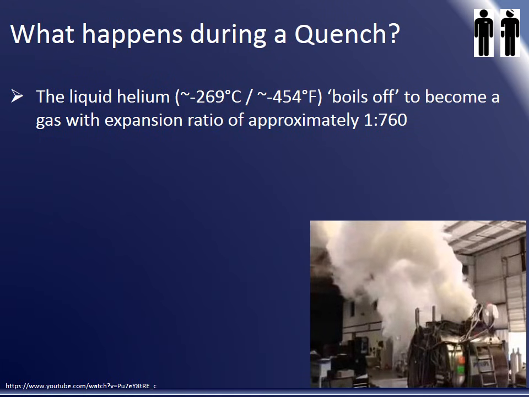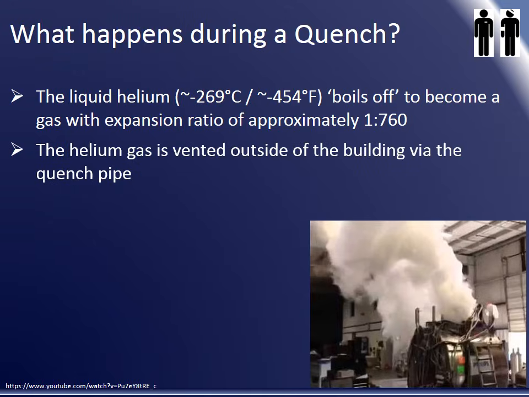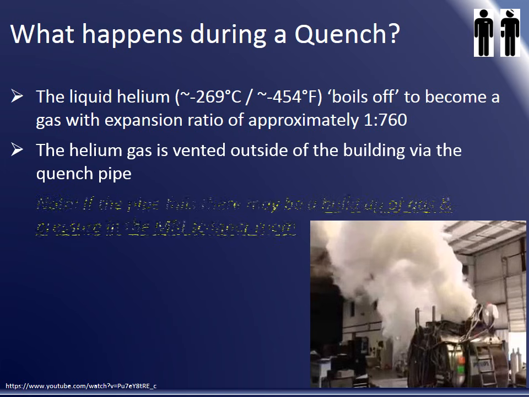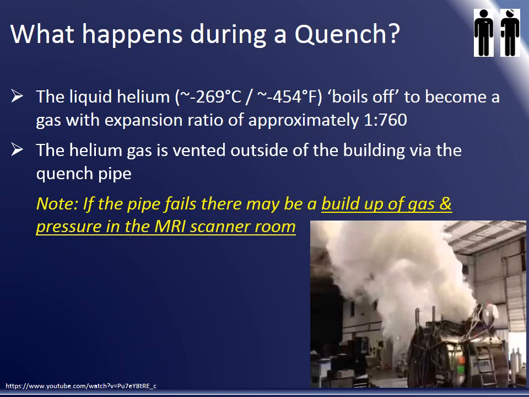During a quench, the liquid helium rapidly boils off and becomes a gas. Helium gas vents outside of the building via the quench pipe, which is usually at the top of the scanner. You should be aware, however, that if the quench pipe fails, there may be a buildup of gas and pressure in the MRI scan room.